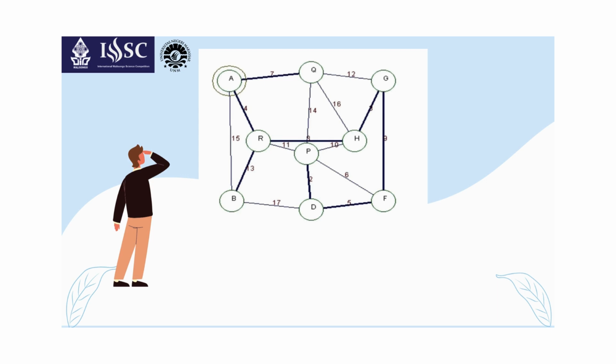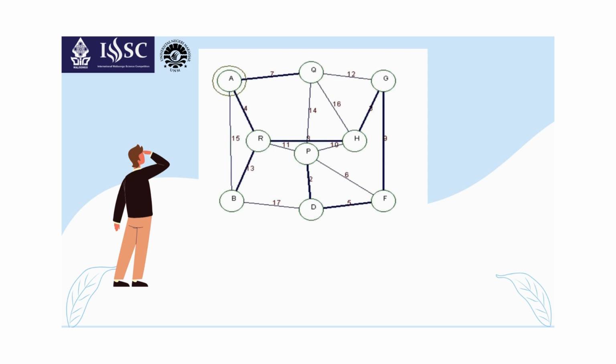Edge F to P is not selected because it would later form a circuit. Fifth, select edge G to H with weight 8. Sixth, select edge H to R with weight 8. Seventh, select edge F to G with weight 9.